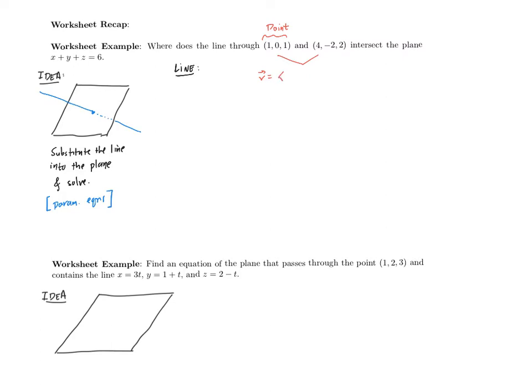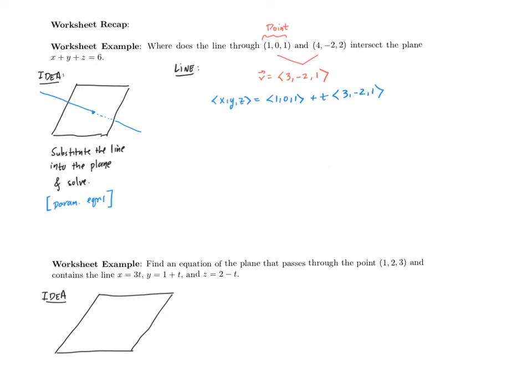Intuitively, if we're at (1, 0, 1), I need to go 3 in the x direction, minus 2 in the y direction, and 1 in the z direction to end up at (4, -2, 2). So the equation of this line in vector form will be (x, y, z) is equal to the vector given by the point plus t times the direction.